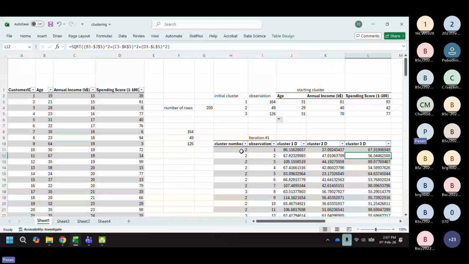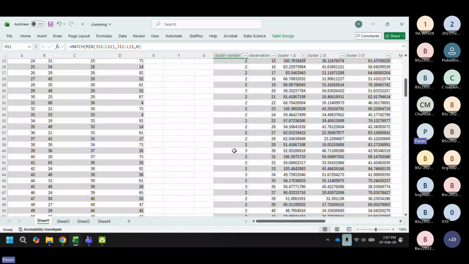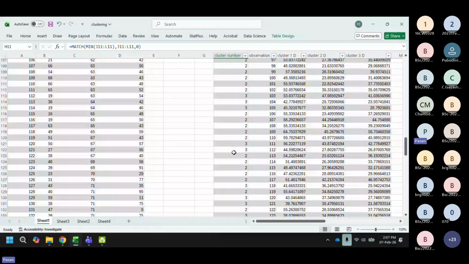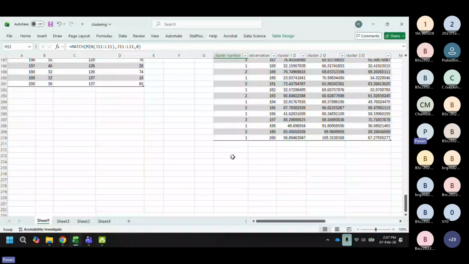And then I can check these and find out the minimum out of them. And then find out whether it's coming from the first column or second column or third column. And then you can see how it is separated into the three clusters there.